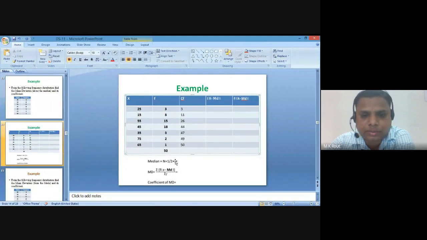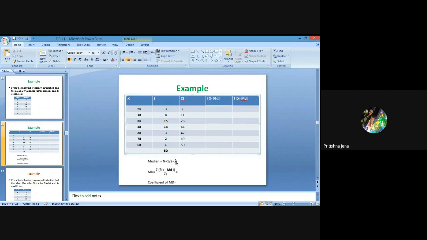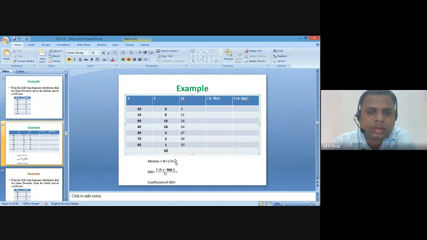Is it clear to all? Once again: 25.5 lies in between 3 and 26 in the cumulative column.